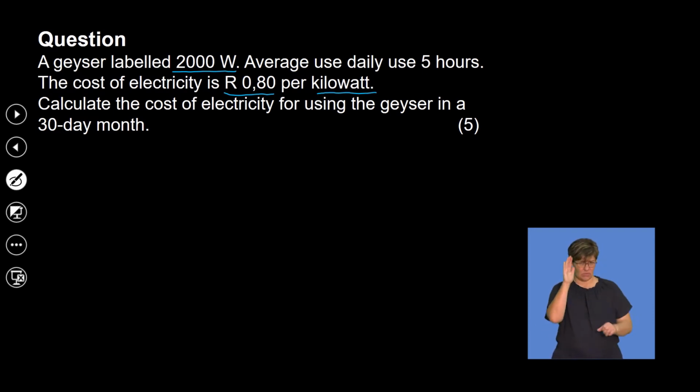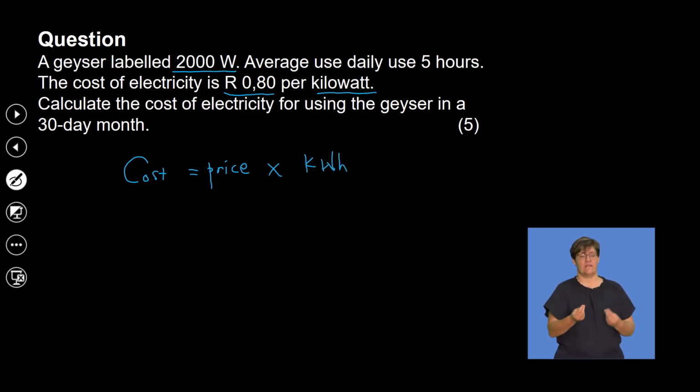Okay, now we know that when we talk about energy consumption, the cost of using electricity is equal to the unit price, which in this case we are given, multiplied by the kilowatt hours. Right, so this is what we have here.